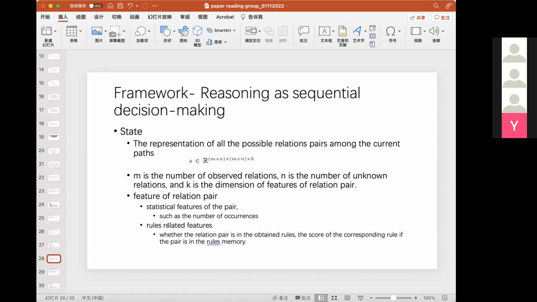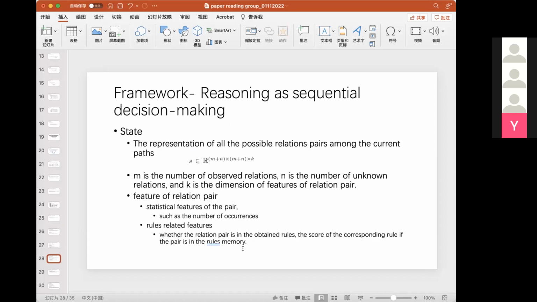Another kind of feature is the rule-related feature. Given the relational pair, it will use the score of the corresponding rule if the pair is in the rule memory to construct this kind of feature.